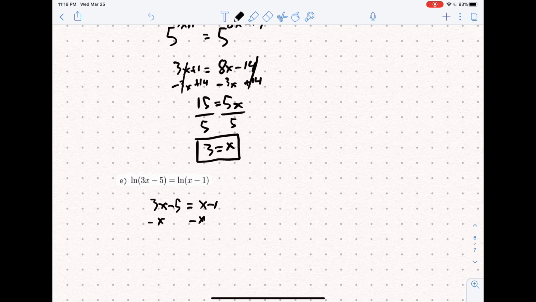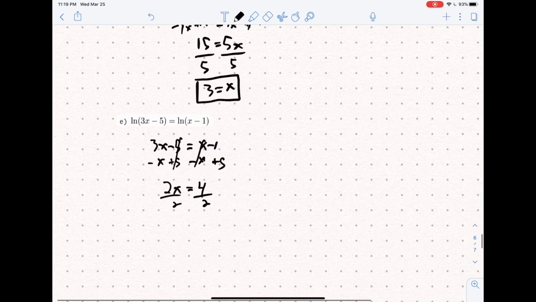I'm going to subtract x on both sides and add 5 on both sides. 3x minus x is 2x, and on the right-hand side, minus 1 plus 5 is 4. And then we divide both sides by 2, and we get that x is equal to 2.